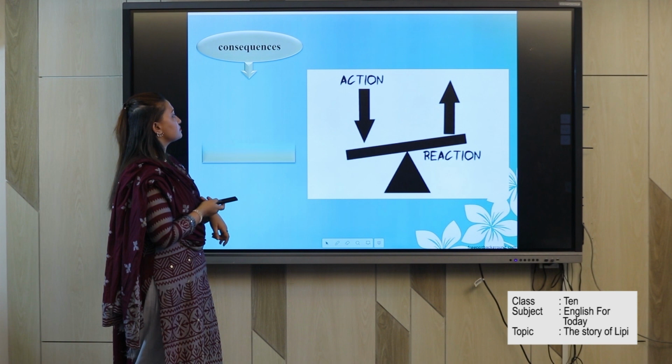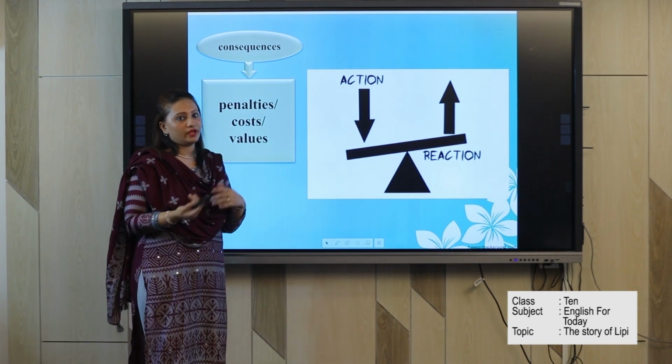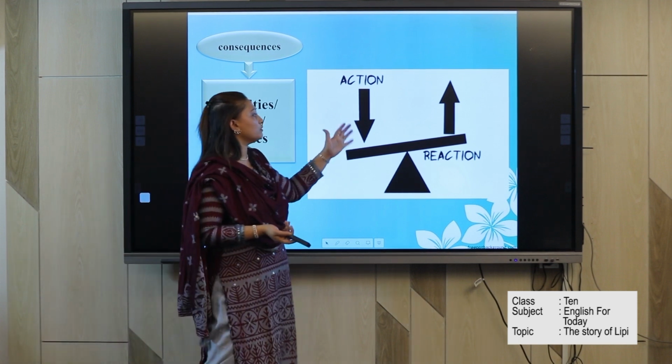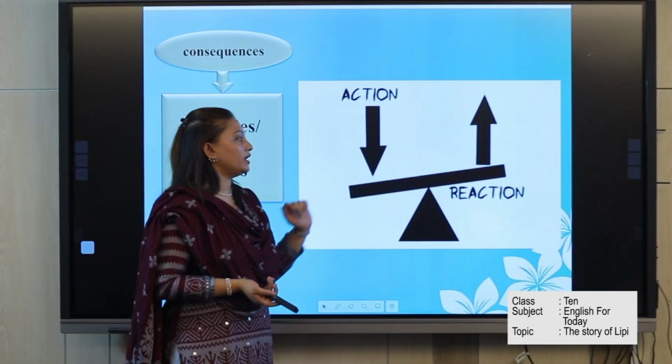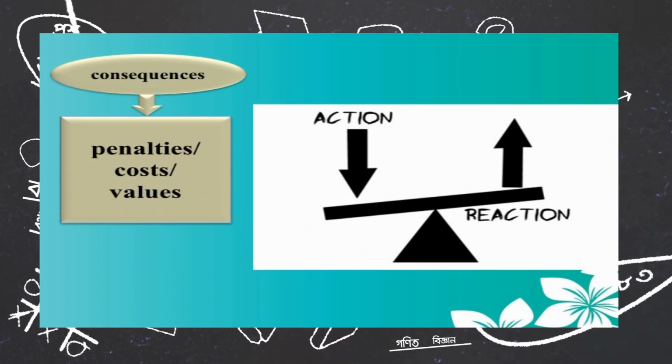Consequence: penalties, costs, values, action, reaction. We can consider through the picture consequence, action and reaction. Okay, the meaning is penalties. Whenever we say something, another person will say something, that means reply, argue, okay, consequence.